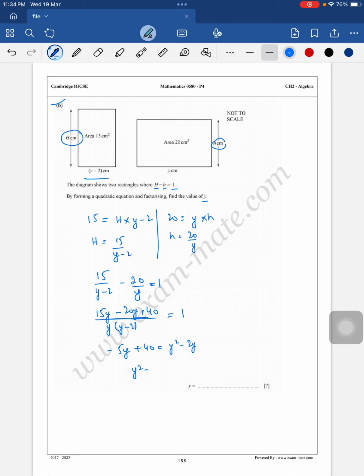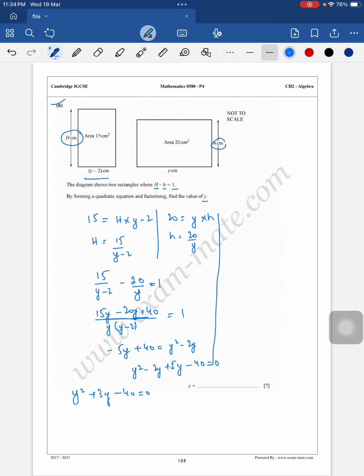So y square minus 2y, minus 5y goes over there, plus 5y plus 40 goes over there, minus 40 is equal to 0. So that is y square minus 2y plus 5y, plus 3y minus 40 is equal to 0. Now here I can apply, since it is saying by forming a quadratic equation, factorizing.